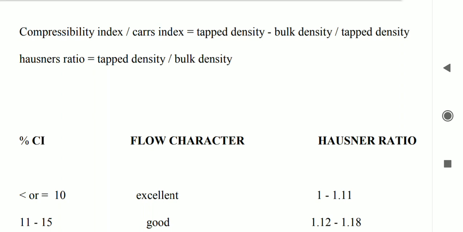So if tap density minus bulk density is different for two components, the component having the larger difference will have a higher Carr's index.